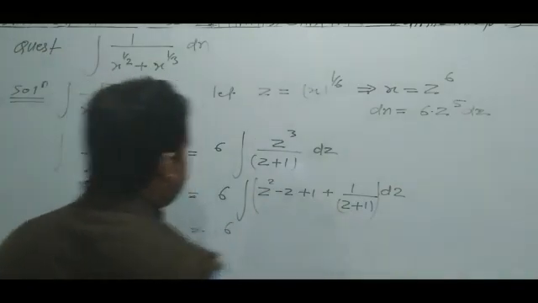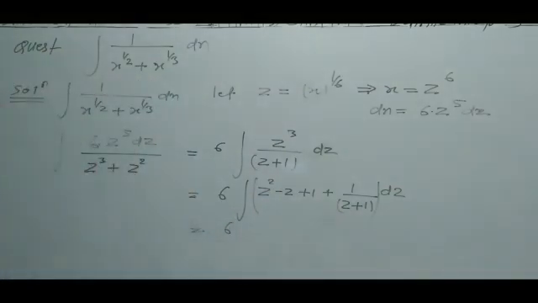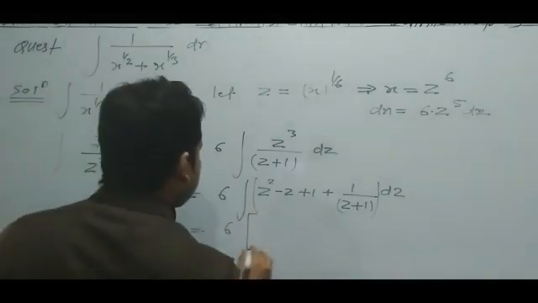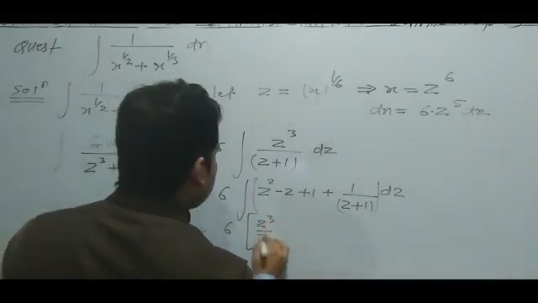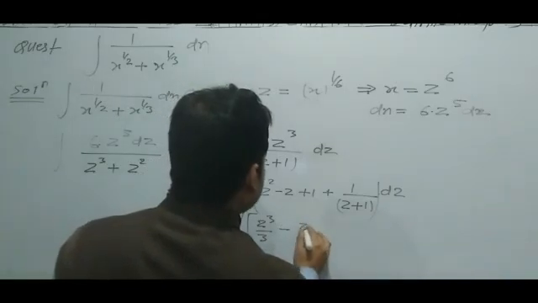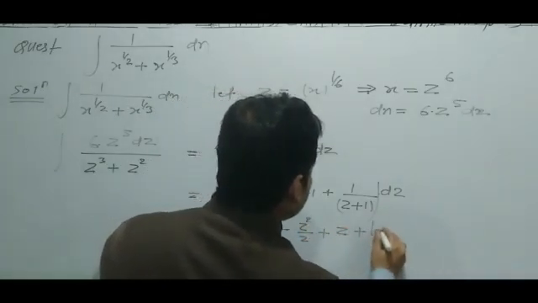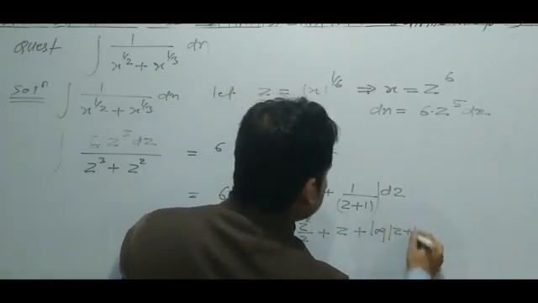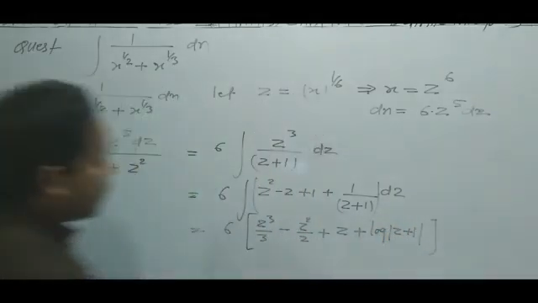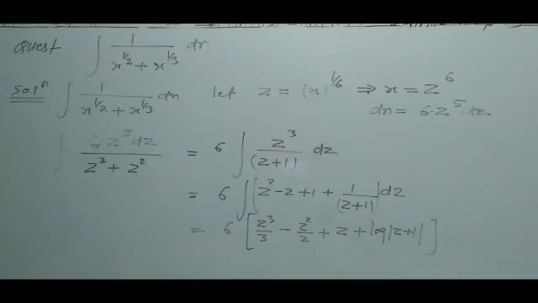Now its result will be, you can see, z cube by 3 minus z square by 2 plus z plus log of mod of z plus 1. Now this is the answer, and you can put the values of z.